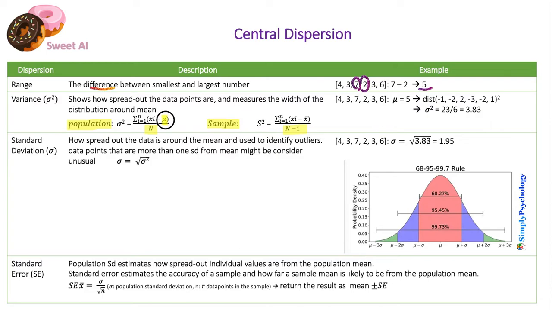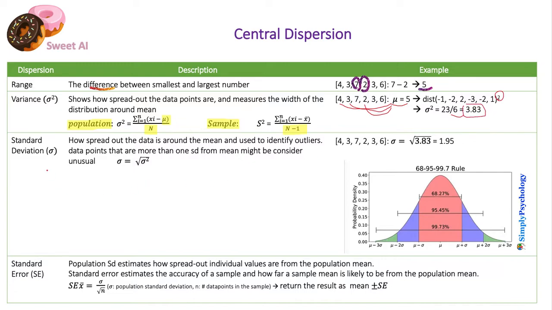After calculating the mean, we get the distance of every single data point to the mean, and we raise that distance to the power of 2, and then we divide by the number of data points that we have, and this is the variance that we get.